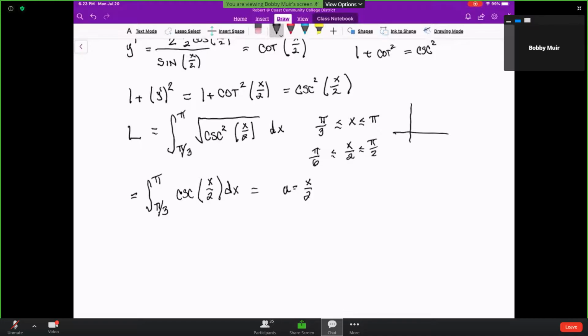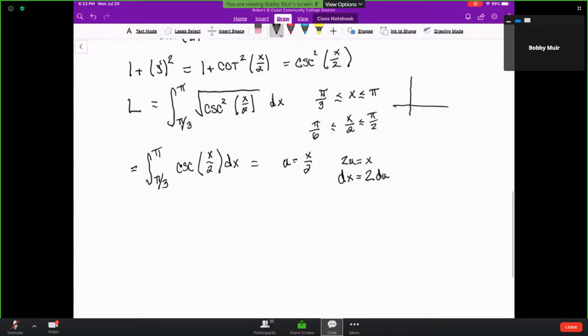So now 2u is equal to x, so dx equals 2 du. When I plug this in, u is going to go from pi over 6 to pi over 2, and it's the cosecant of u du, and there's a 2 in here somewhere.